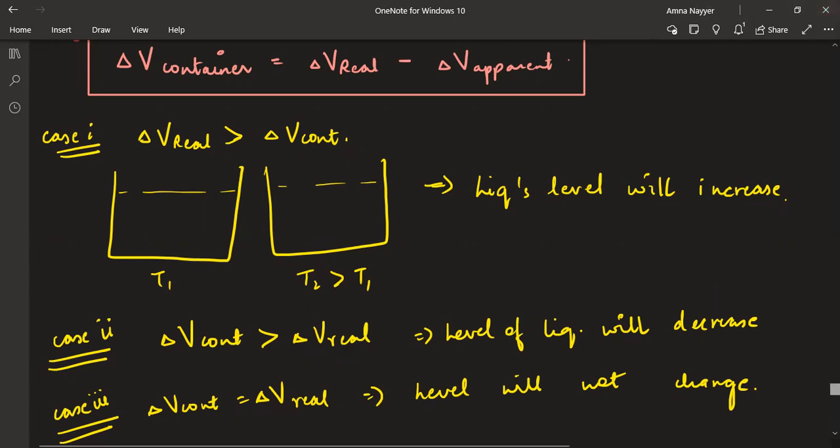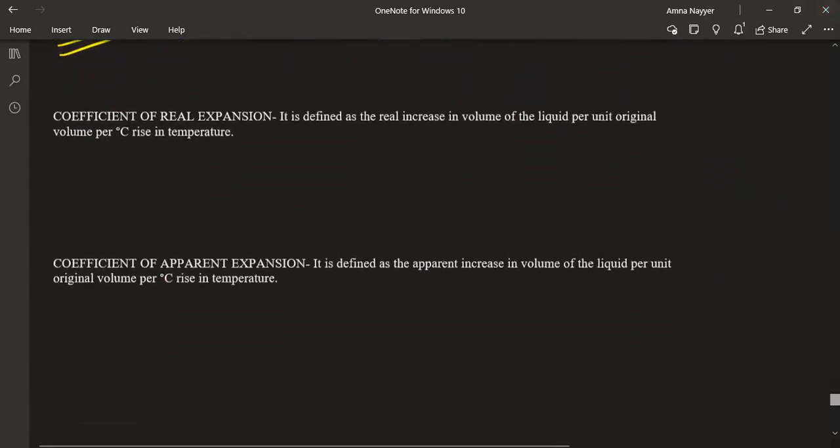So you have a few relations. These relations also you have to do just in brief. Real increase in volume of liquid per unit original volume per degree rise in temperature is the coefficient of real expansion.